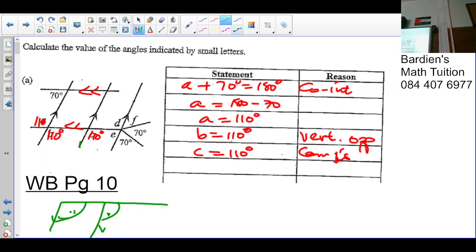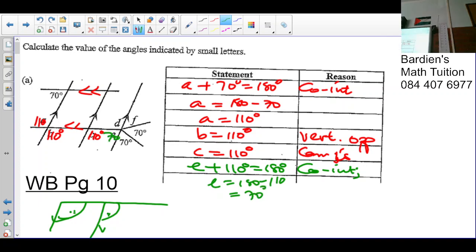There's your co-interior. Can you see that, people? So E plus 110 degrees equals 180, co-interior. So E gives you 180 minus 110, which is 70. Which you guys got, yes?